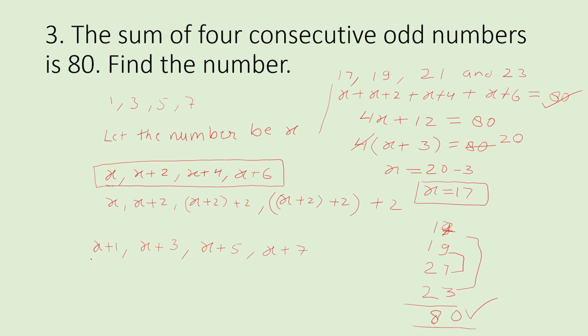Now, if we take these consecutive numbers, then 1, 2, 3, and 4: 4x plus 7 plus 5 is 12, 12 plus 3 is 15, plus 1 is 16, is equal to 80. 4 as common, 80 divided by 4 is 20. 4 ones are 4, 20.